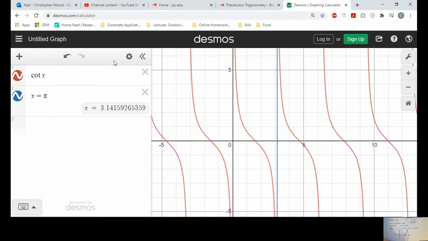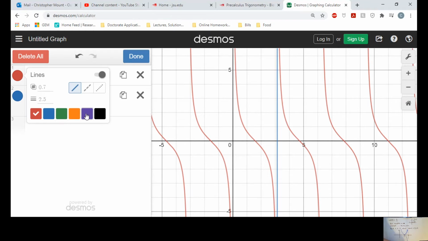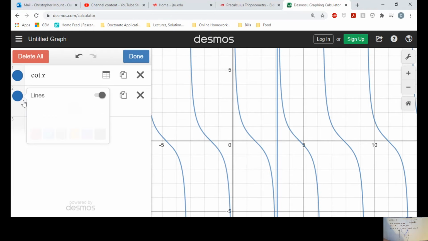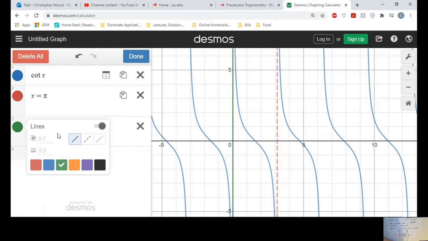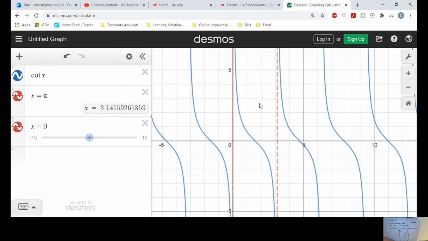I graphed it from 0 to pi, that is a nice natural interval. So this blue line is what I graphed as well. That's one period of it.